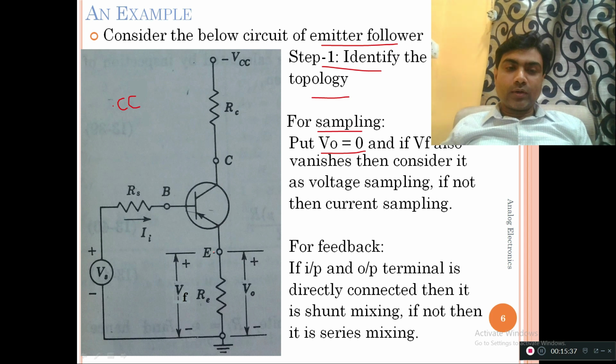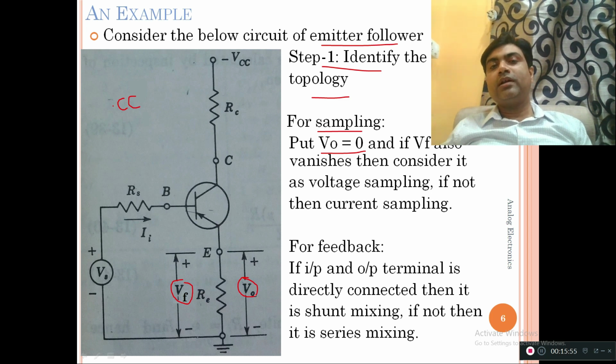Okay, so now you can see from this particular figure that V naught is applied across Re, and Vf is also available across Re. So both these elements are available across Re. So you can say that V naught equals to Vf, because the two voltages are appearing across the same resistance, so they are going to be equal.